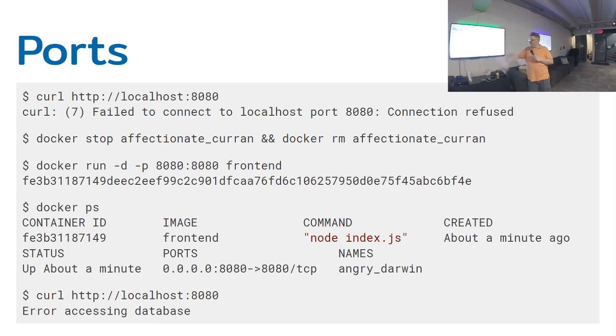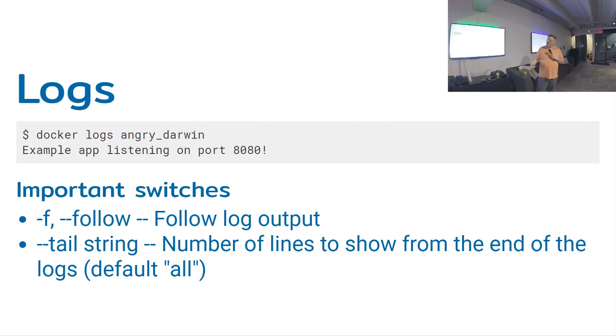I was a little slower on the ps line this time. And we can see that it's mapping 8080 on all of our host interfaces to 8080 on this new funny named container. And then we can try to run curl again, but we need a database. So, we're gonna get to that next.